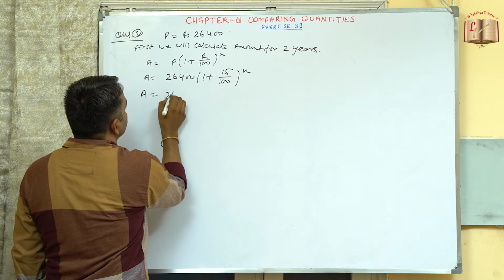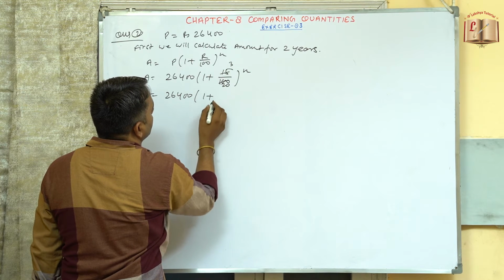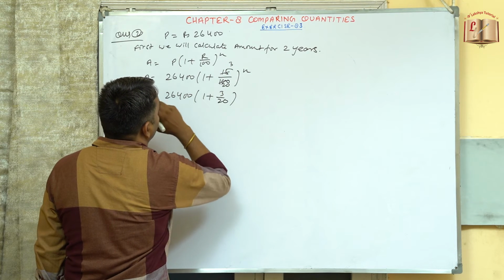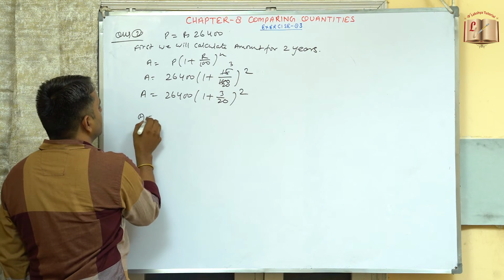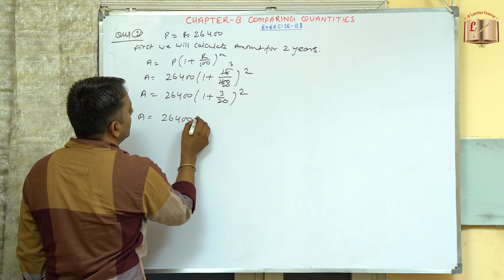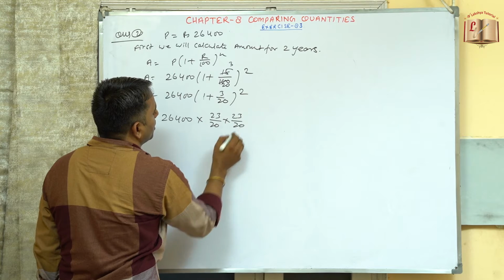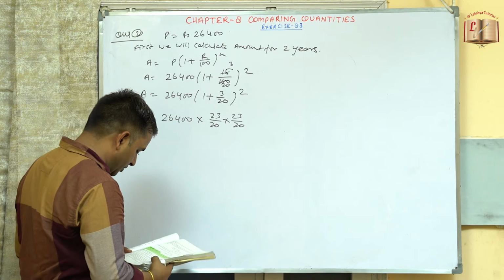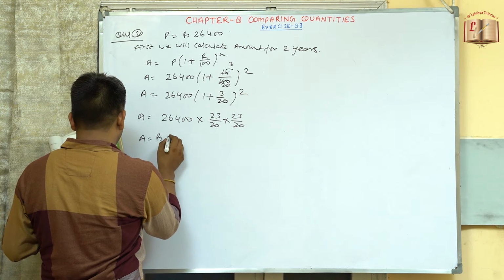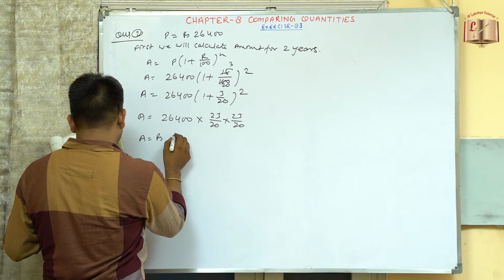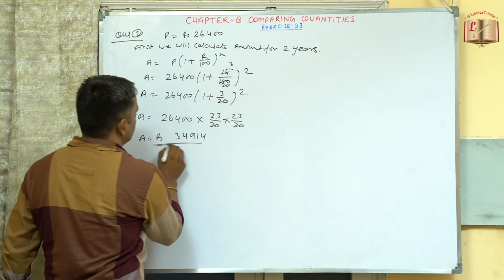Now we can solve it. So this is 26,400 into 1 plus 3 by 20, to the power n, and we already know this is 2. So we can put n equals 2 here. A equals 26,400 into 23 by 20 into 23 by 20. Now we can solve this. So for 2 years we got A equals rupees 34,914.